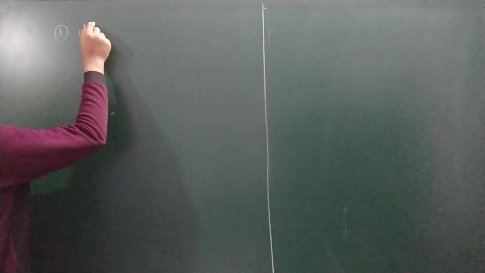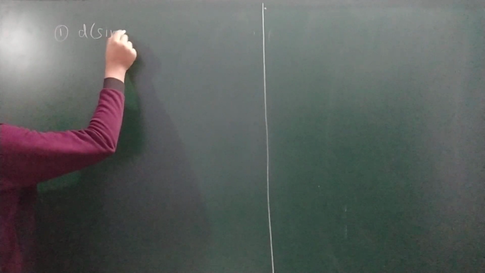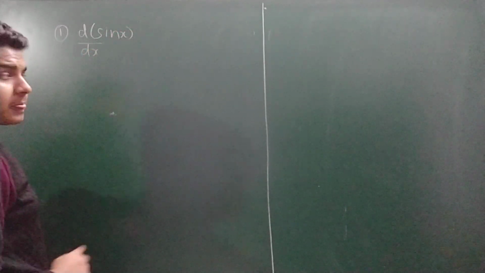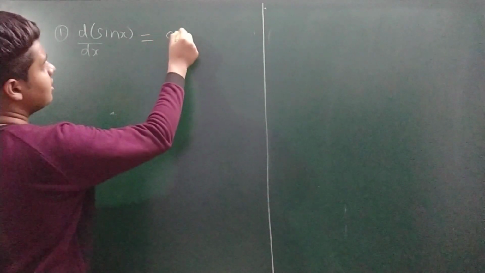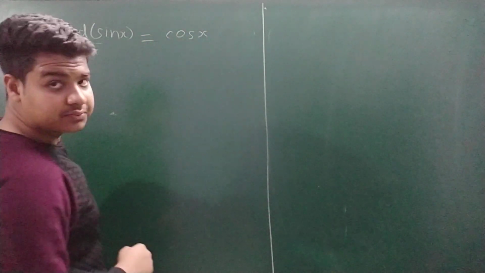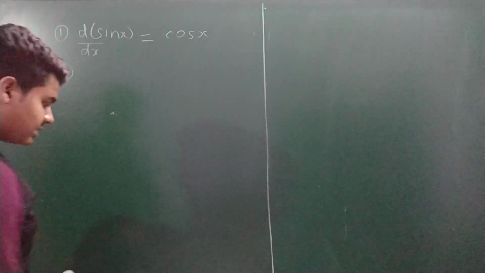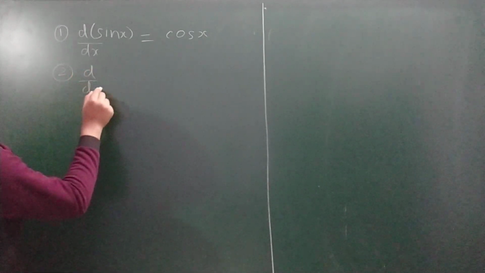So now we start with derivatives. For the derivative, the first formula is differentiation of sin x with respect to x. All of you will know this, and for this the answer is cos x. Now comes the second one, differentiation of cos x with respect to x.